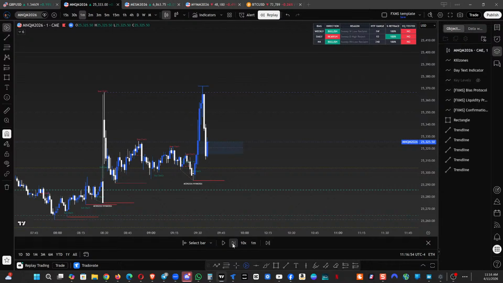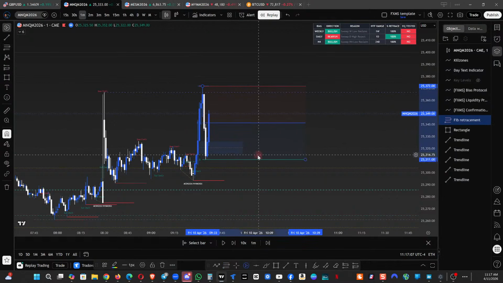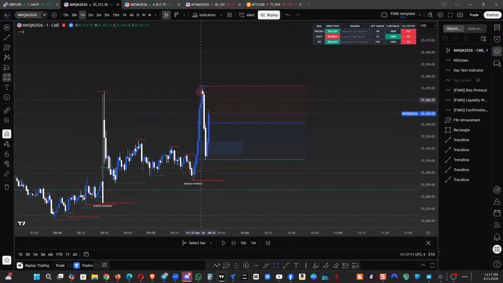So when price comes back now and starts to retrace, okay, this retracement here is going to be my swing high and low, okay, and then my point of interest is going to be, in this case, it can only be the order block here, and this high right now.